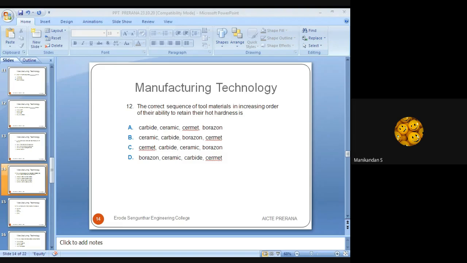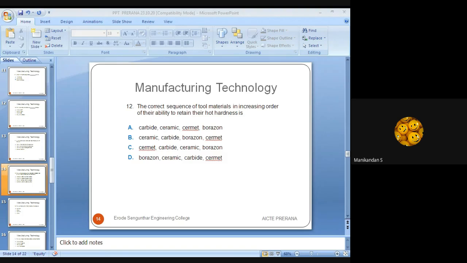Hot hardness is the maximum temperature up to which the tool can work without deformation. It is the ability of the material to retain hardness at high temperature.